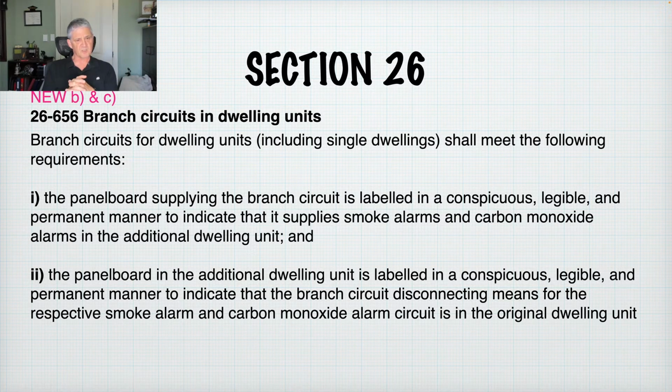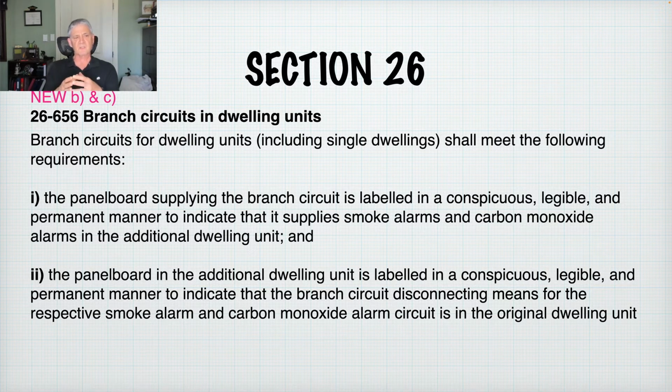1. The panel board supplying the branch circuit is labeled in a conspicuous, legible, and permanent manner to indicate that it supplies smoke alarms and carbon monoxide alarms in the additional dwelling unit. And the panel board in the additional dwelling unit is labeled in a conspicuous, legible, and permanent manner to indicate the branch circuit disconnecting means for the respective smoke alarm and carbon monoxide alarm circuit as in the original dwelling unit.